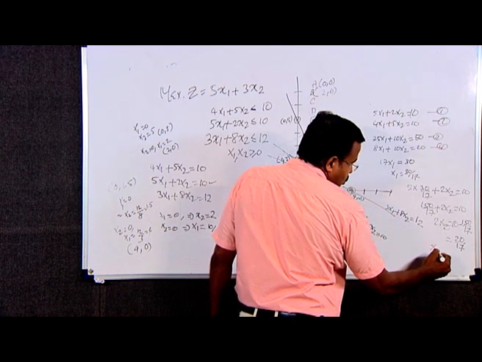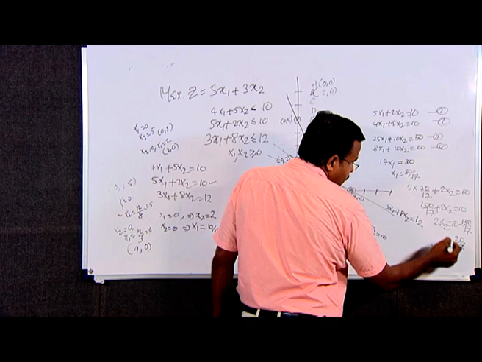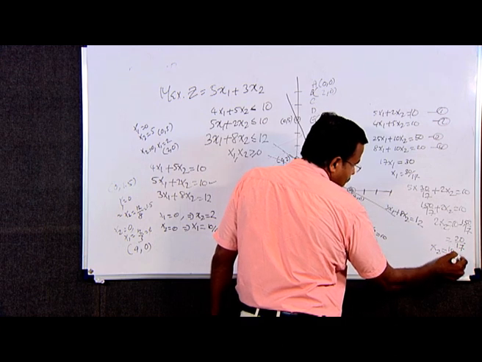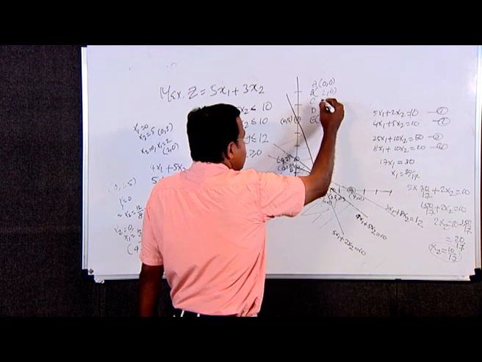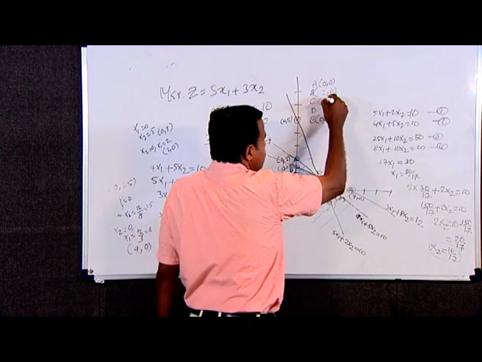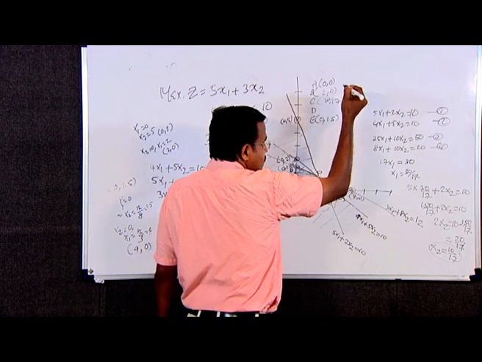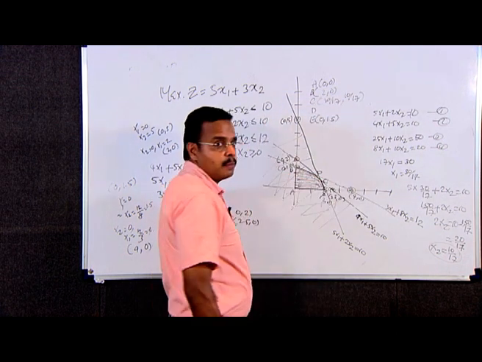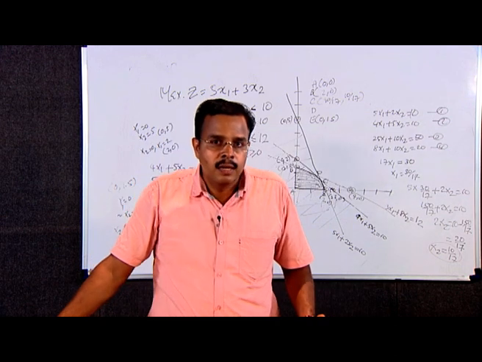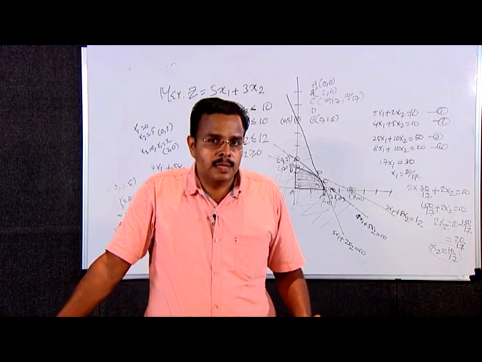So, x2 equal to 20 divided by 17 divided by 2, that is 10 divided by 17. So, we are getting C as 30 divided by 17 comma 10 divided by 17, that is the coordinate of the point C, 30 divided by 17 comma 10 divided by 17.